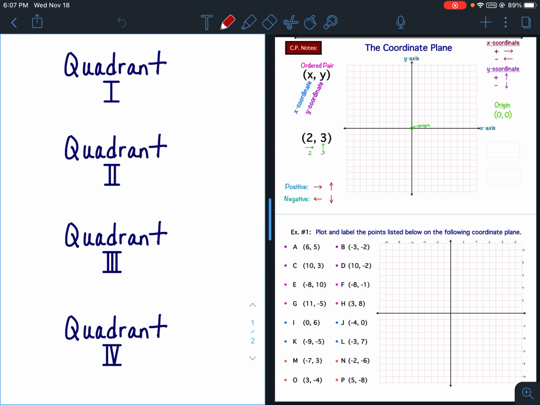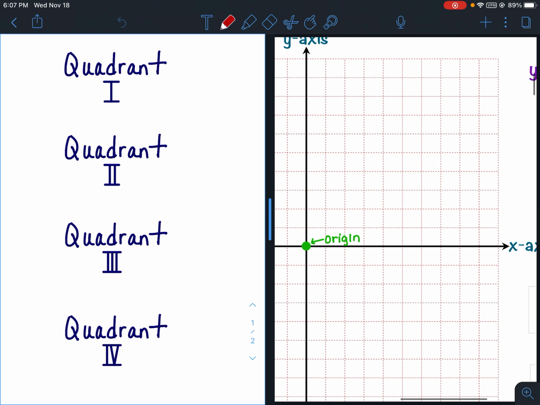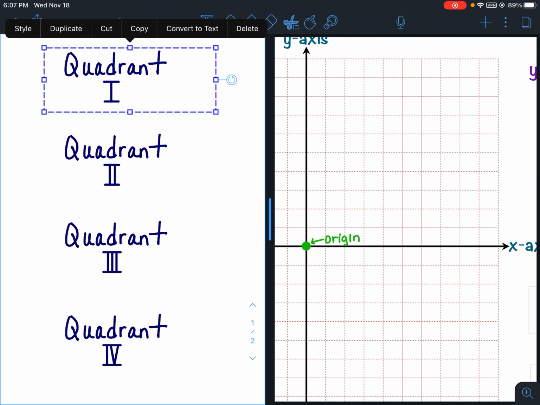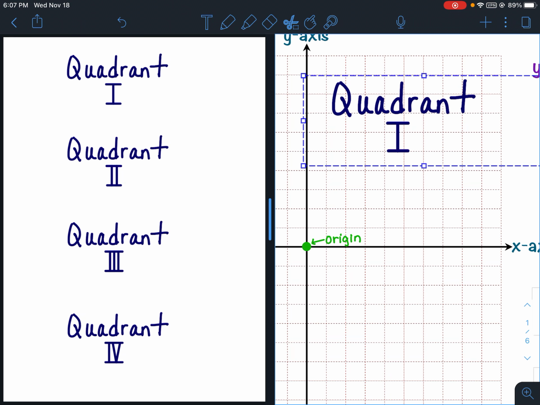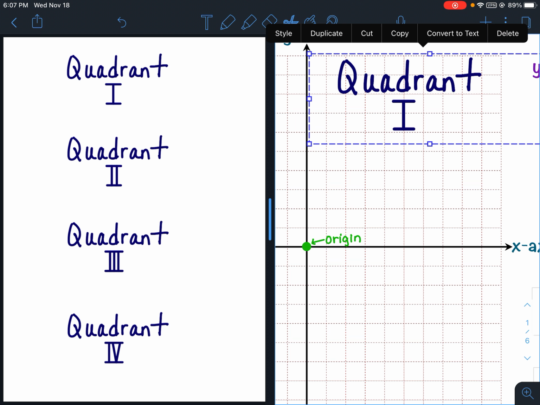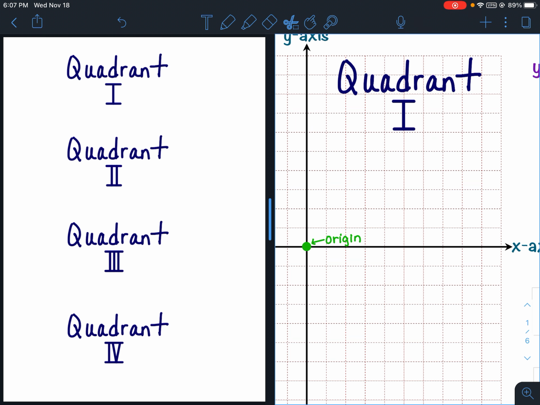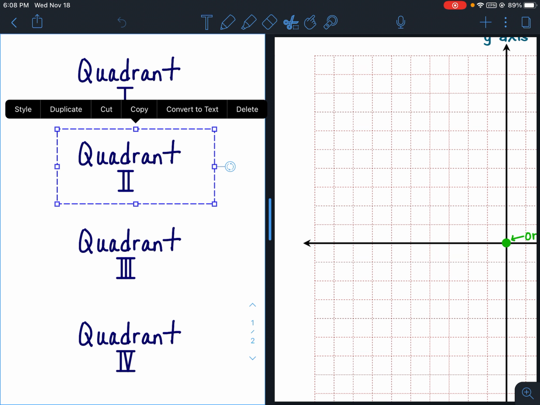They are called quadrants, and we use Roman numerals to write them. Okay, the top right quadrant is quadrant 1. The top left quadrant is quadrant 2.